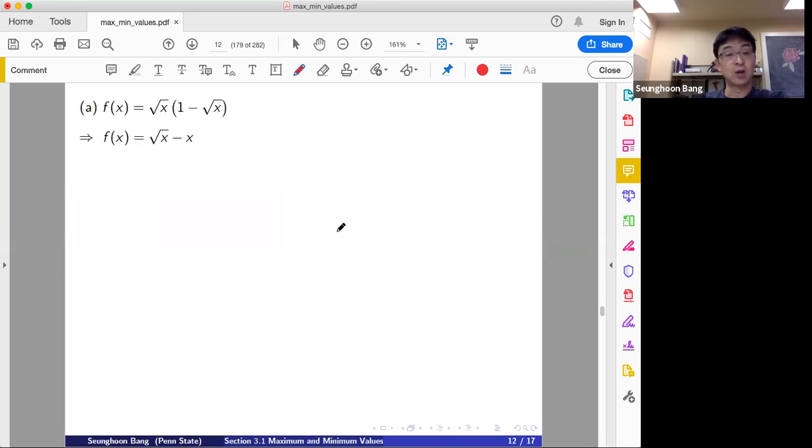The first one, you can calculate f prime of x. How can you find the derivative? First, you have to expand it. Just distribute root x. Root x times 1 is square root of x. Root x times root x is just x. Next, take the derivative here. The derivative of x to the 1 over 2 is 1 over 2 times x to the 1 over 2 minus 1. x prime is just 1.